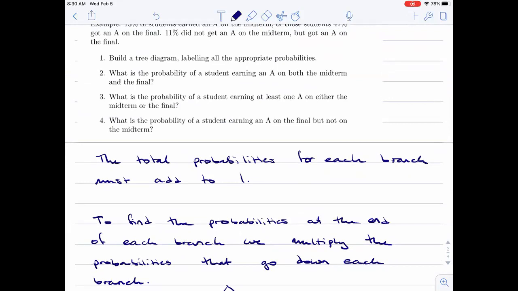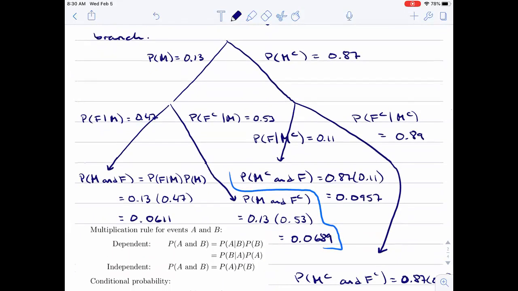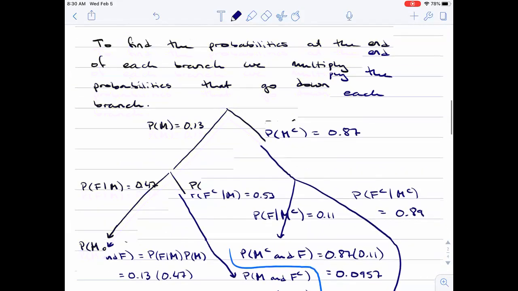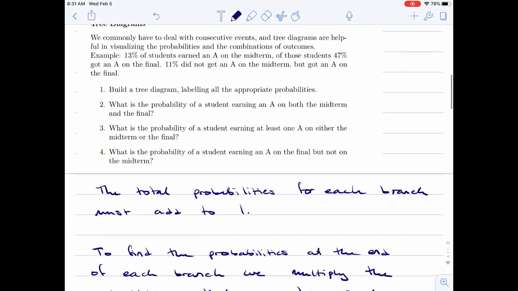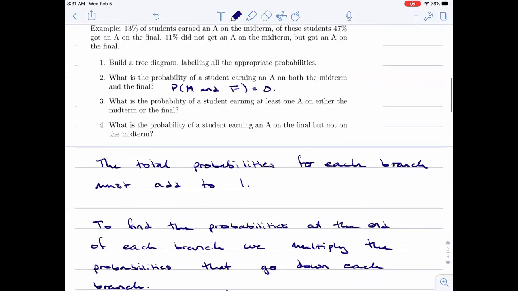We know that as the probability of M and F. The only time that happens is the far left branch. And so now we know that the probability of M and F is 0.0611.